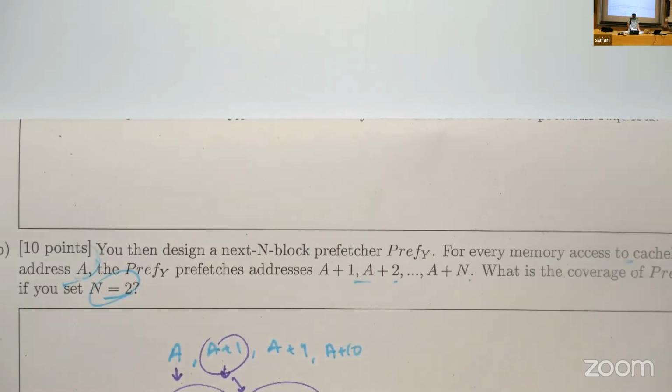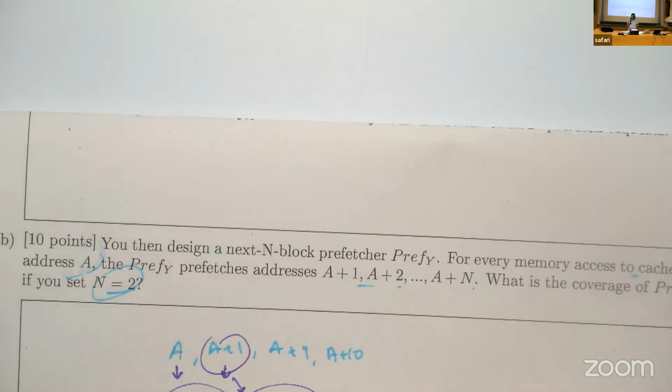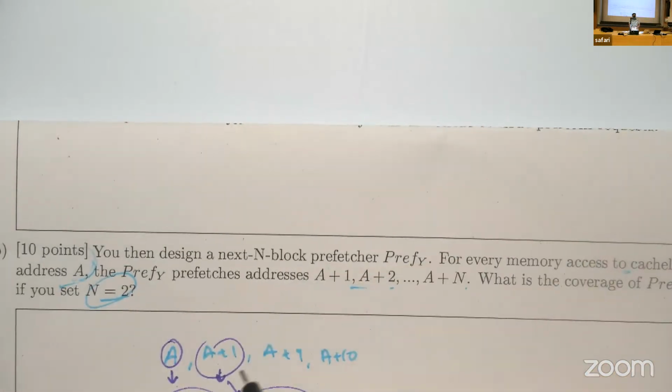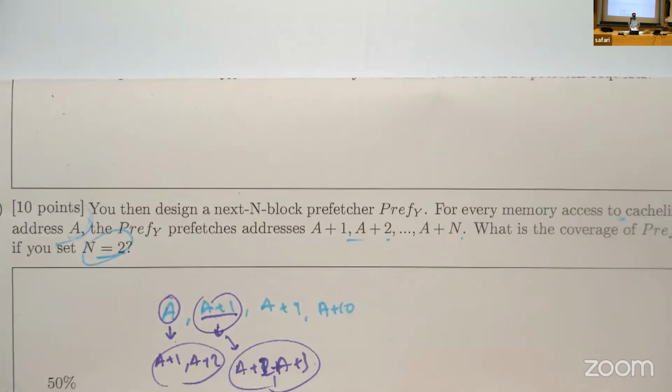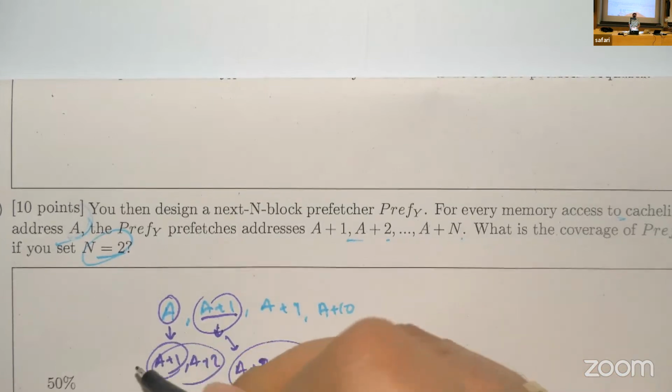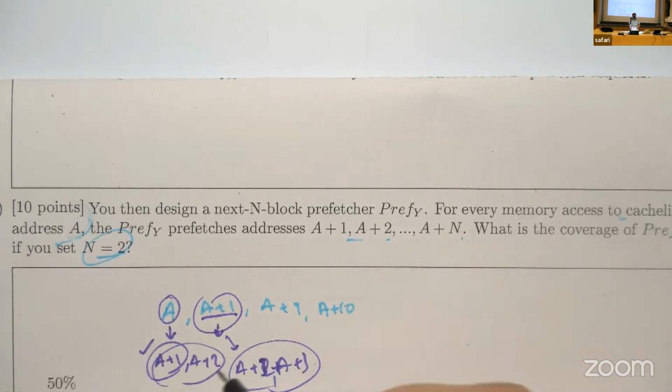So let's check the percentage of how many of these prefetch requests are actually useful. Once you access A, you already access A plus 1 in the future, right? And prefetching A plus 1 is something useful. So this is a successful prefetch.